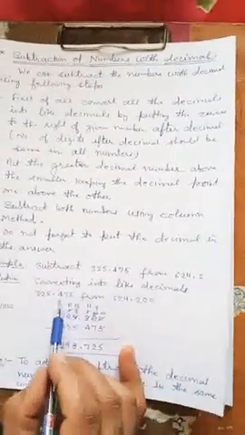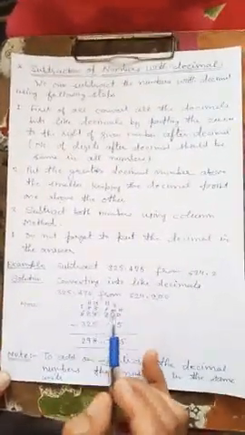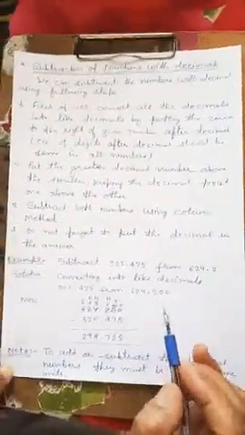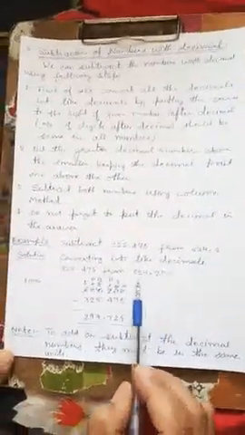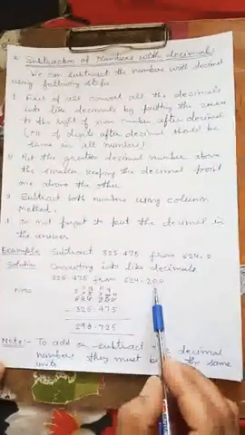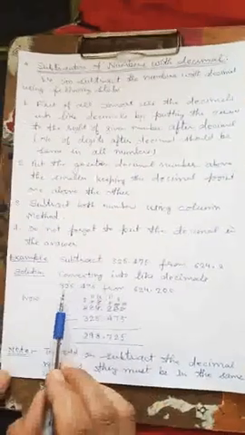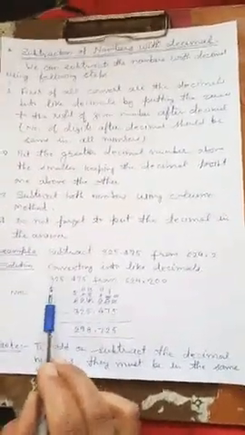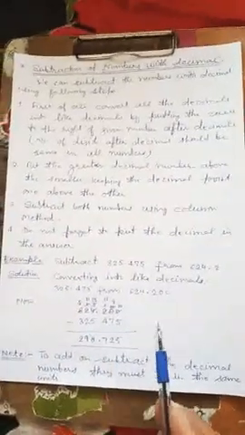How? There are 3 places or 3 digits after decimal. Here is also 3 digits after decimal. So first we will select the greater number of the two. This one is the greater number, so we will write it at the top, and the second number, which is less than this one, we will put below the first one.